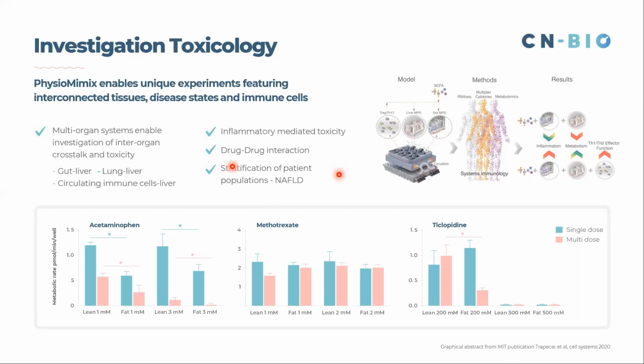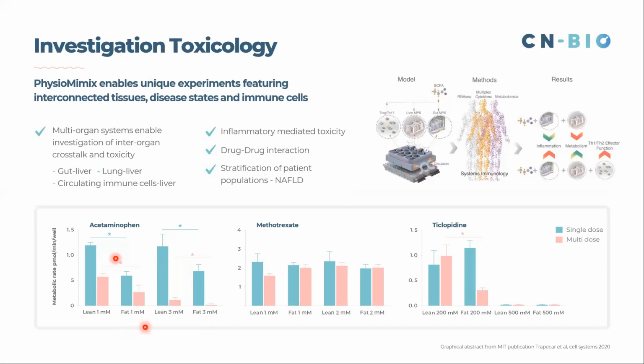So what we have done is taken a model of fatty liver disease, and we can see how, when the cells are, so you can see here labeled as lean or fat at the bottom, when cells are cultured in a fat environment to mimic the early stages of fatty liver disease, the cells in the fat environment are much more susceptible to toxic doses of particular compounds, and we see this in various different examples.